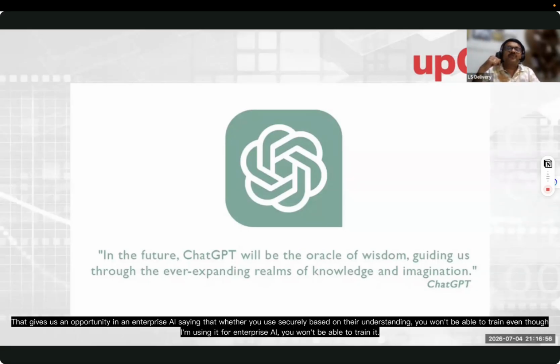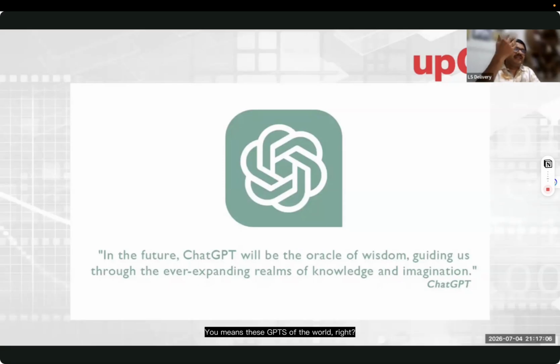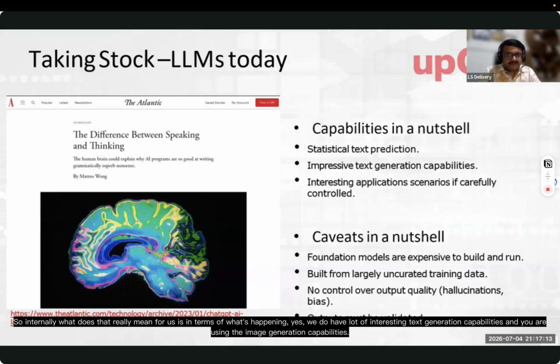That gives us an opportunity in enterprise AI: whether you use them securely, based on their understanding, you won't be able to train them. You means these GPTs of the world, right? That is one way to look at it. Or we build our own GPTs internally.